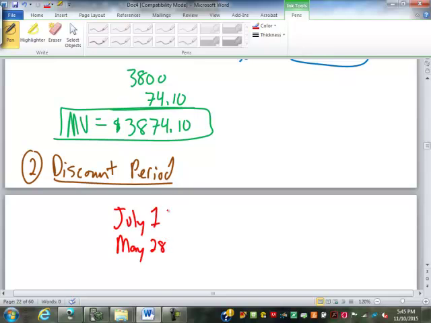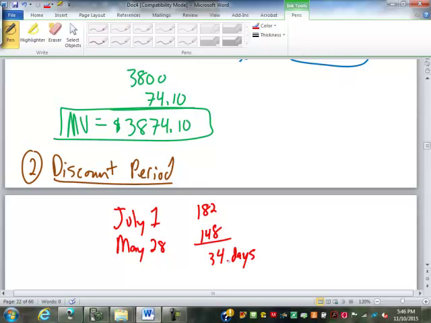So if we look those up in our table, was it page 300? Sorry, 396, I should say. July 1st is day 182. May 28th is day 148. We subtract, that is 34 days.